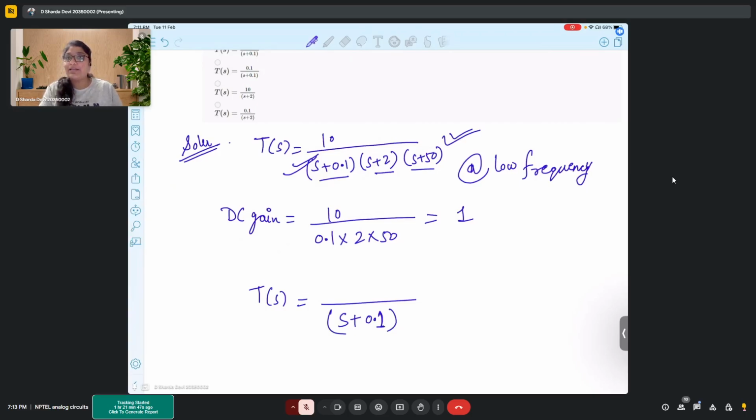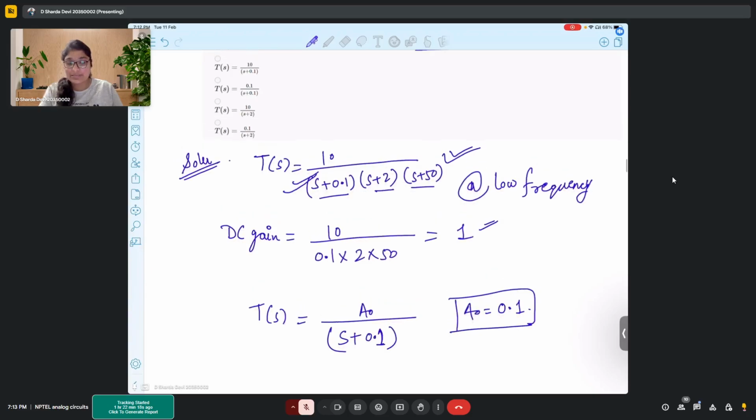Now, to maintain the DC gain, how much should be my value over here? What should be my constant A naught here? To maintain the DC gain, A naught should be 0.1, right? If A naught is 0.1, then only you will get a DC gain of 1.